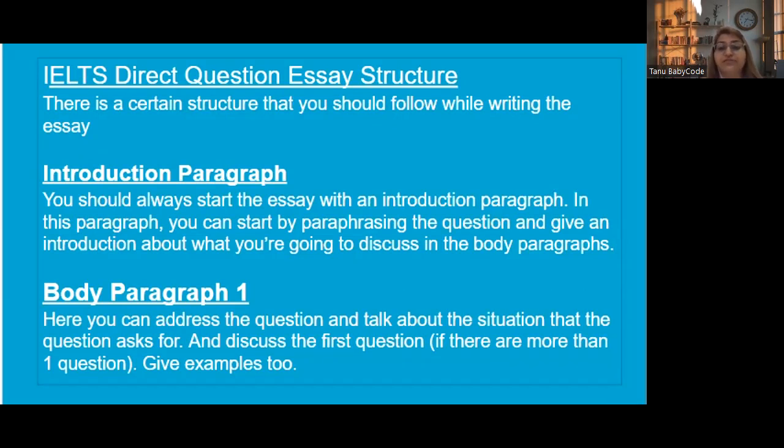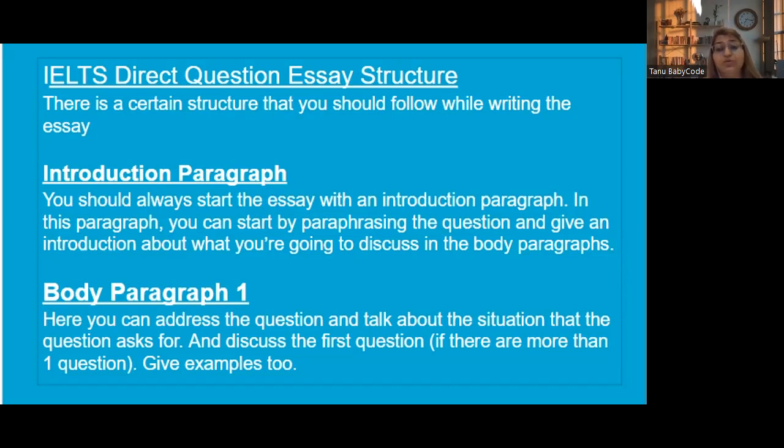In this paragraph, you can start by paraphrasing the question, and give an introduction about what you're going to discuss in the body paragraph. Now, some students also write a background statement, a general statement. That is not mandatory; it's optional for you. If you're good at writing a background statement, you can write one, then write the paraphrasing of the question, and then write your thesis part.